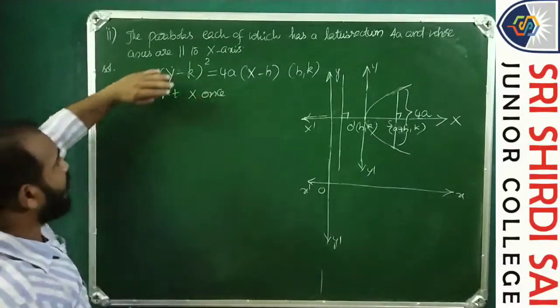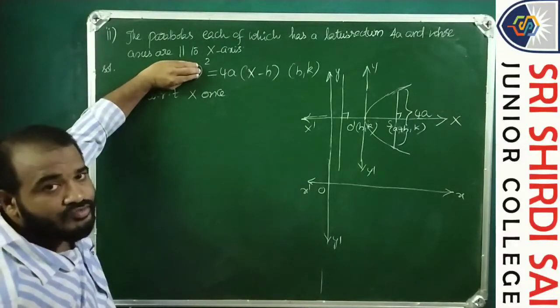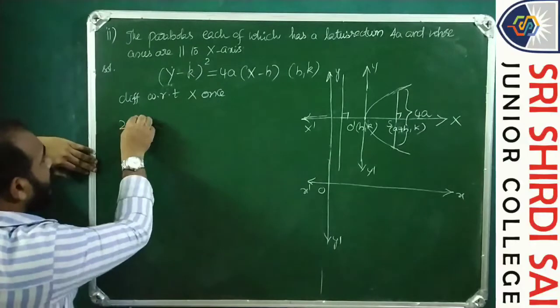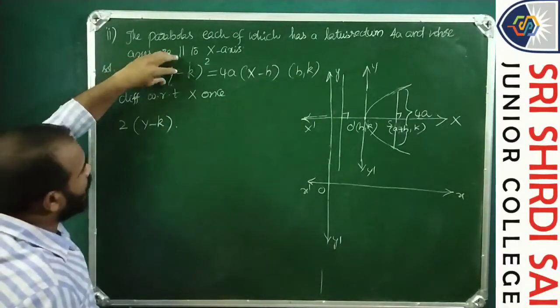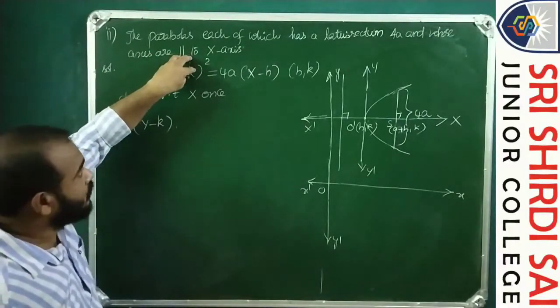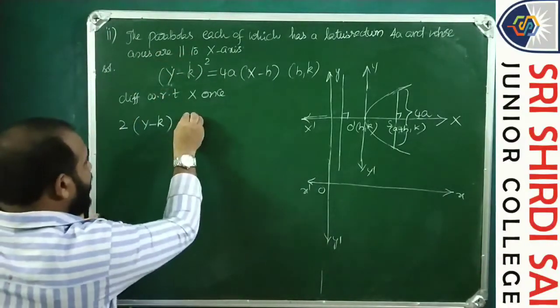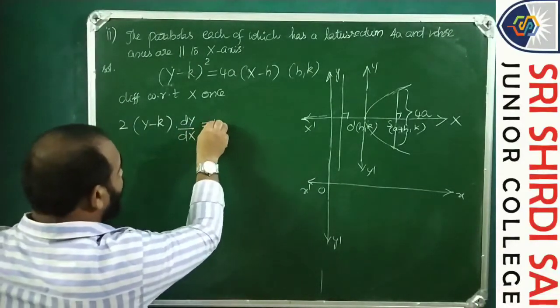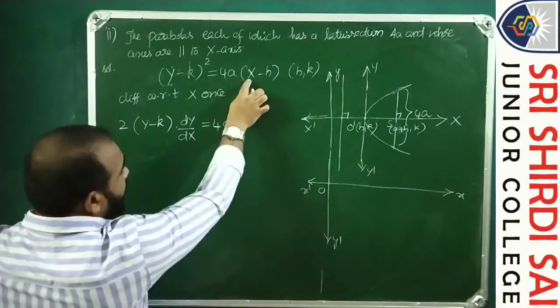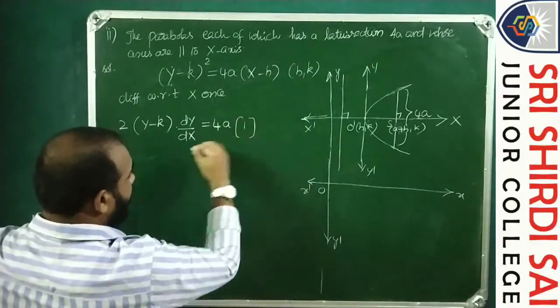Suppose this to be x square, derivative is 2x, so 2 into y minus k into dy by dx, equals 4a into d by dx of x minus h, which is 1.